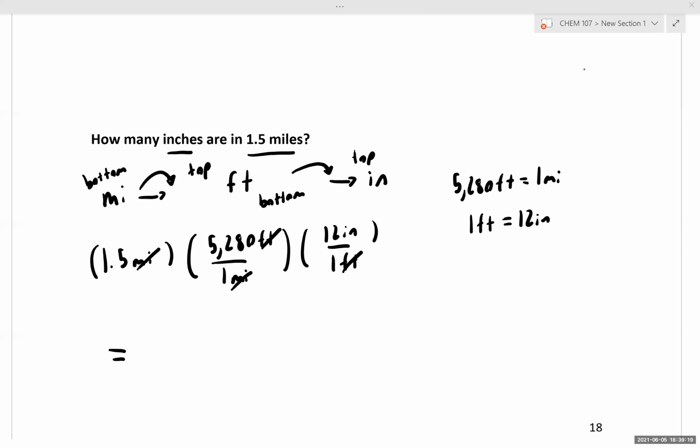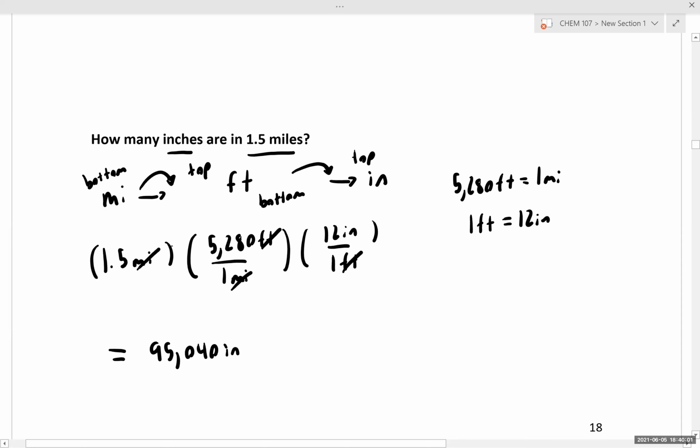So punching this into our calculator, we have 1.5 times 5,280 times 12, and that gives us 95,040 inches.